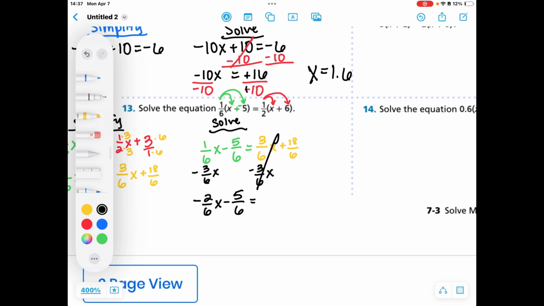That canceled, equals 18 over 6. To get that x by itself, we're going to add 5 over 6 on both sides, giving me a negative 2 over 6x equals, this will be a 23 over 6.